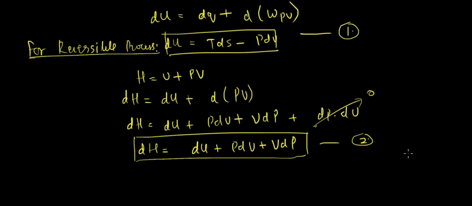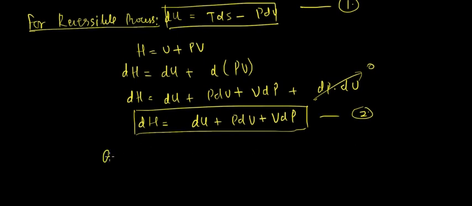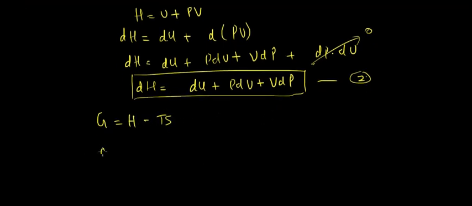Okay, we also know that G, or Gibbs free energy, is equal to H minus TS. We can also write dG would be equal to dH minus d of TS.